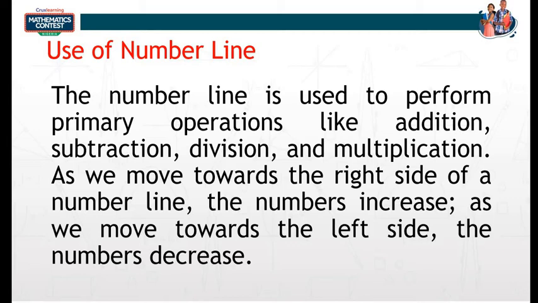As you go towards the right side of the number line, the numbers increase. If you are moving towards the left side, the numbers decrease. So when you have two numbers to compare and one is on the right, it means that the one on the right is greater than the one on your left.